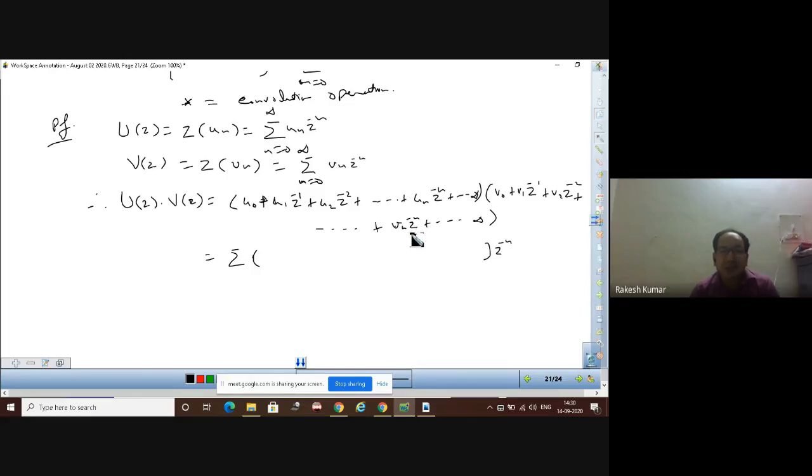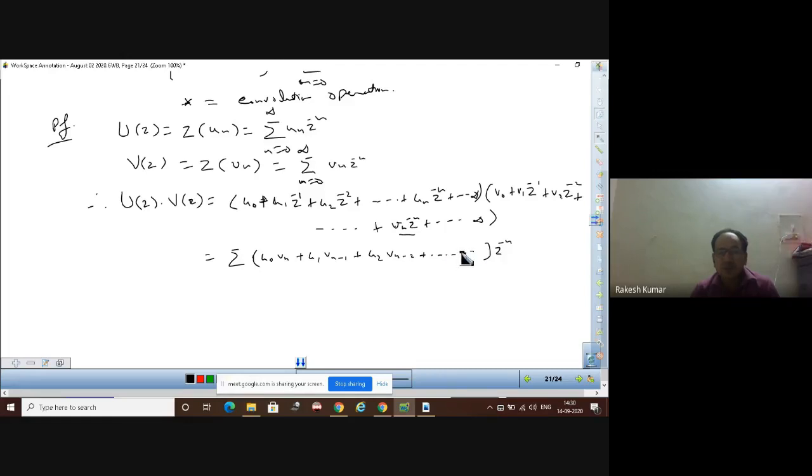So for the nth negative power, u_0 is multiplied with v_n, and z^(-n) has been taken common. The next term is when u_1 is multiplied with its previous term, v_(n-1). Similarly, u_2 is multiplied with v_(n-2), and so on.